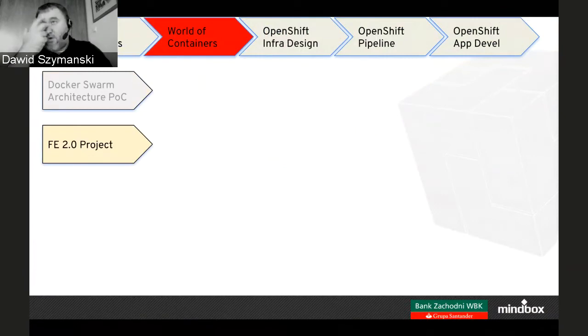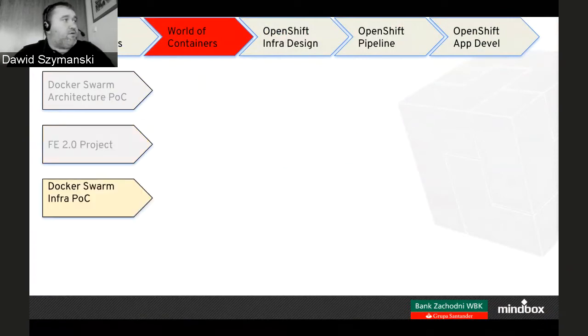Furthermore, we also had the new business front-end project. So it was a part of our business initiatives, which required creating a new business application. We had also the POC in the architecture for the Docker Swarm, the one I told you we have realized we need to do.